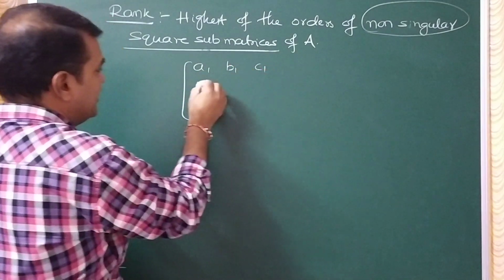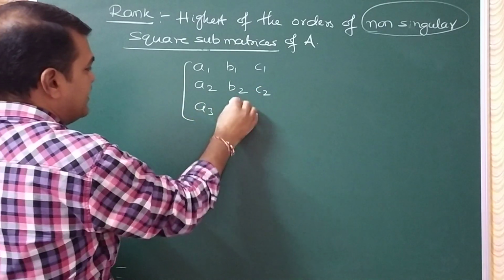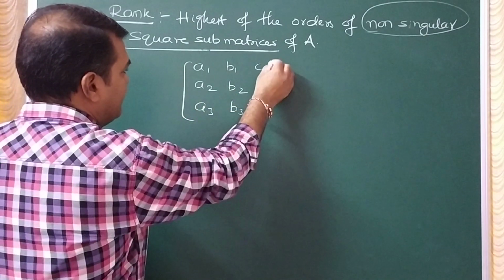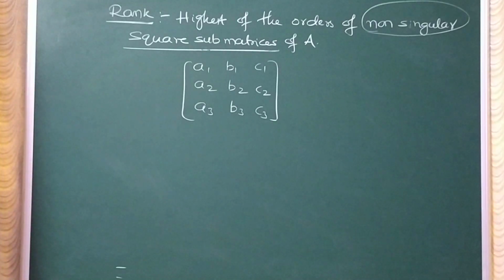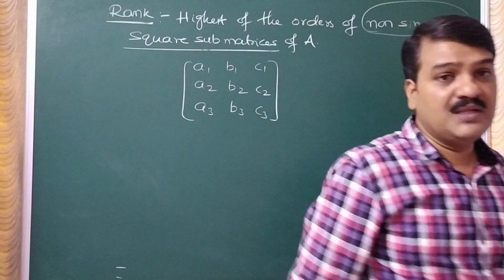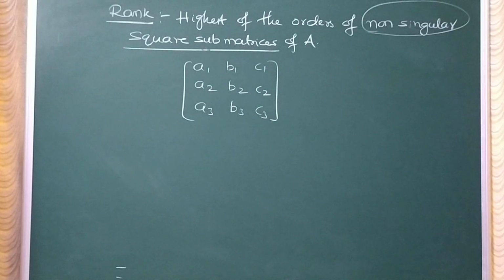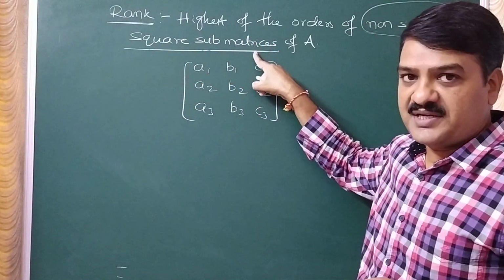For example, I am taking a 3 by 3 matrix like this. In this 3 by 3 matrix, what are the possible square submatrices of A? You have to see, because only square submatrices we have to take.